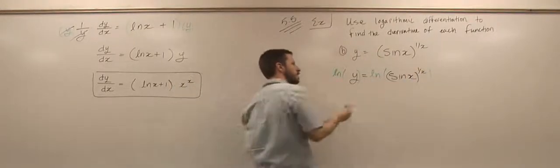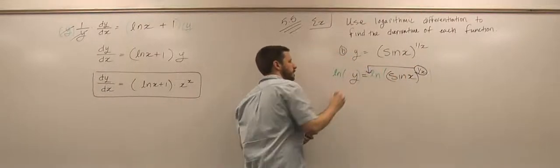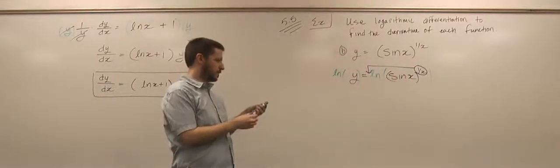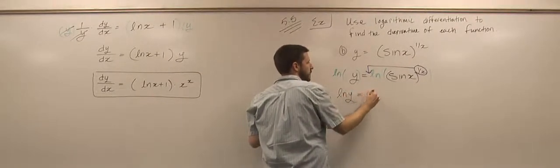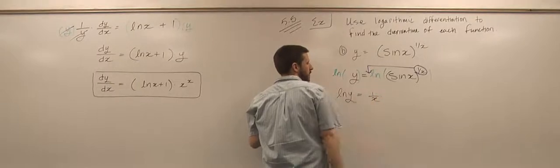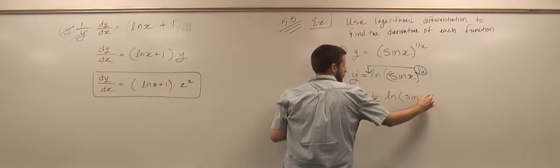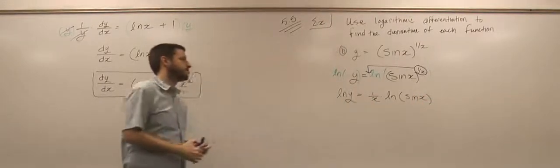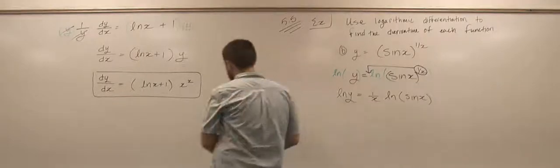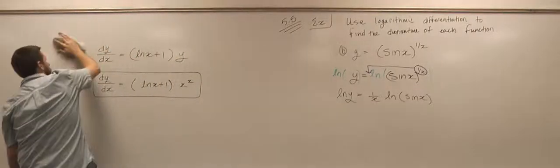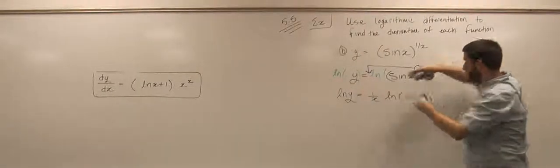Then I'm going to take this guy and pull him in. So ln y is equal to 1 over x times ln sine x. All right, now that I have the exponent down, I can actually take a derivative.